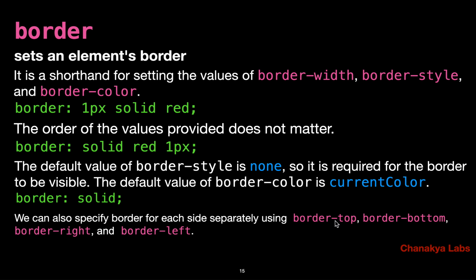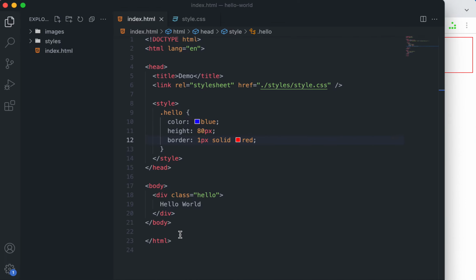So definitely, in a similar manner to border bottom, you can specifically use border top, border right, border left to target each one of the specific sides of the border.